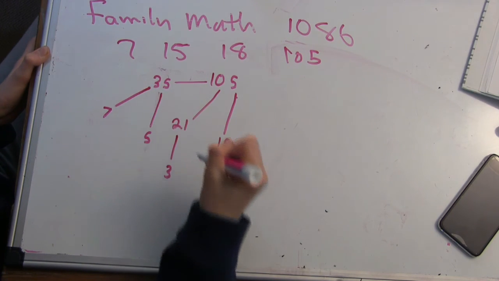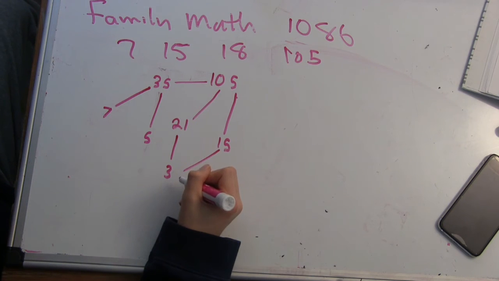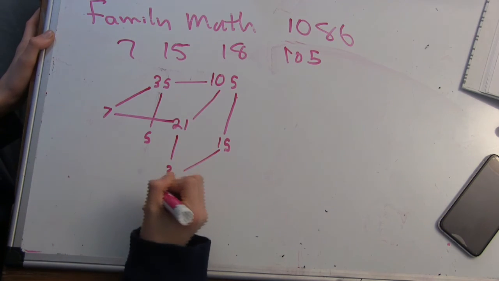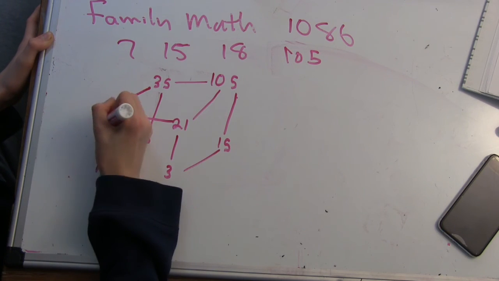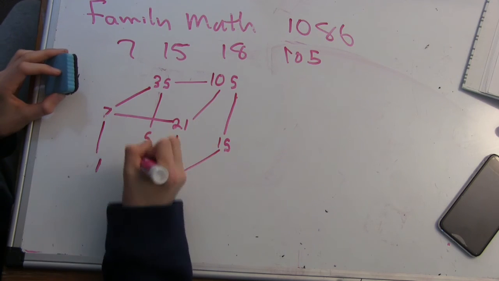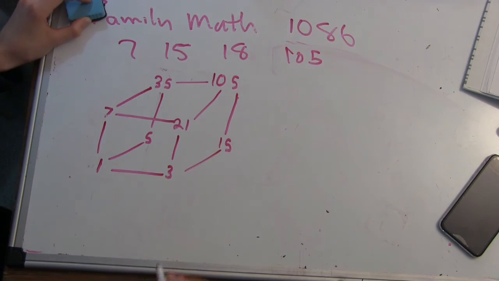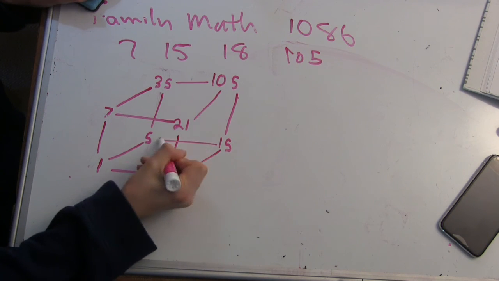This goes to 5. 15 goes to 3. This goes to 7. I think that's all the links. These all go like that. Okay. Oh yeah, 15 has to go to 5.